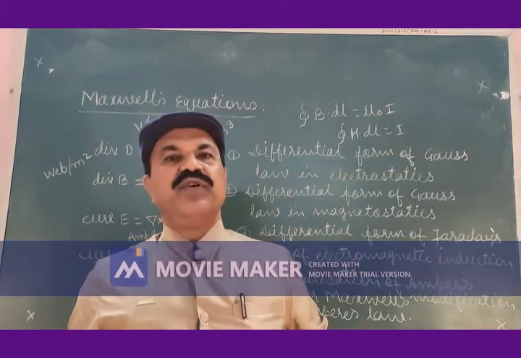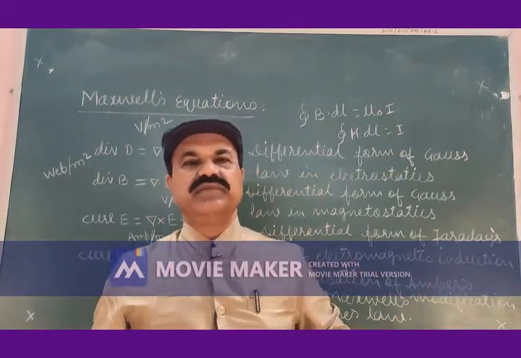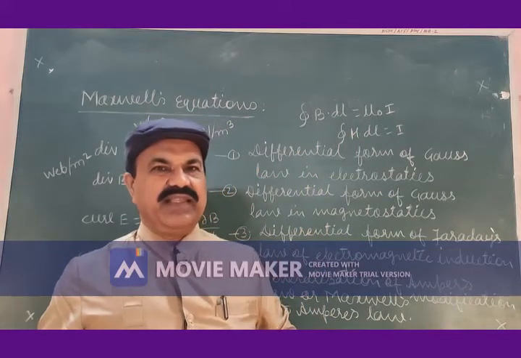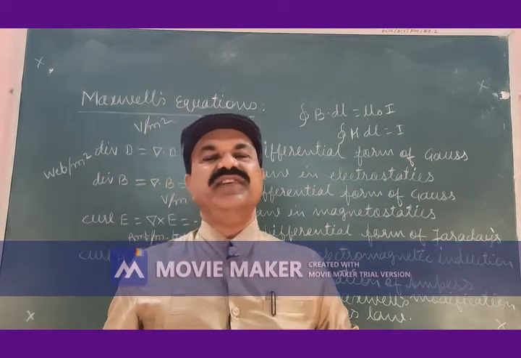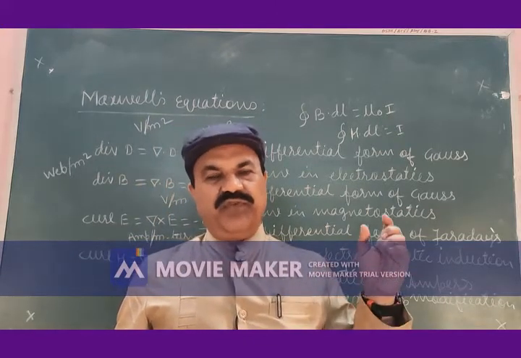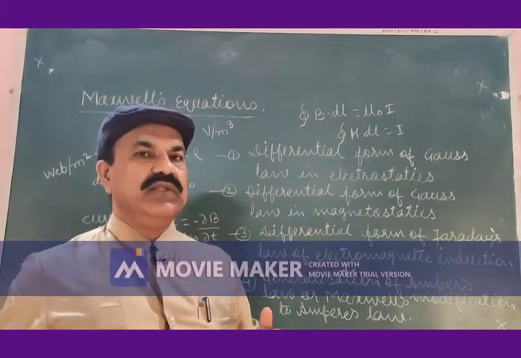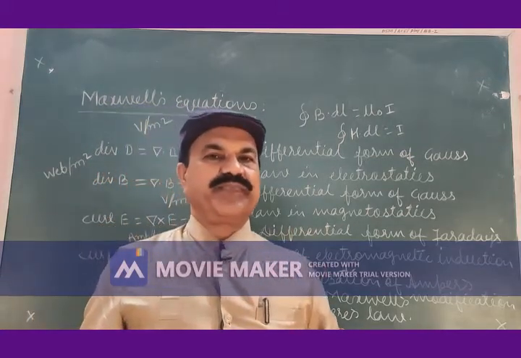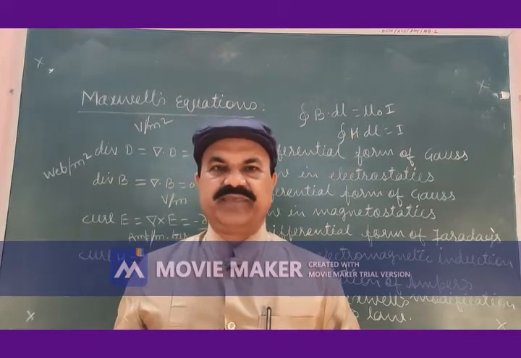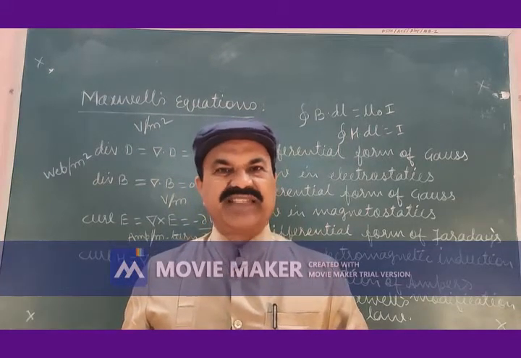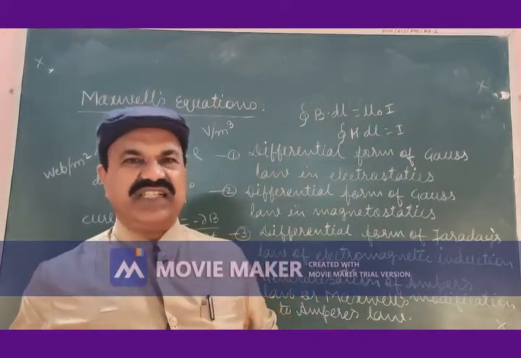In this original form, Ampere's law is applicable only to steady fields, only to time independent fields. If you want to apply this law to time varying fields, it fails to account for them, and therefore Maxwell suggested a modification to Ampere's circuital law.